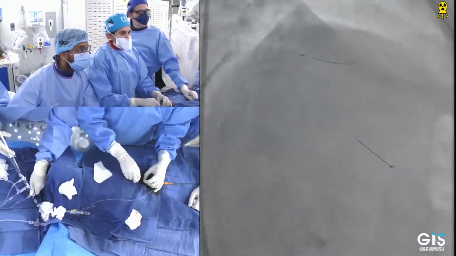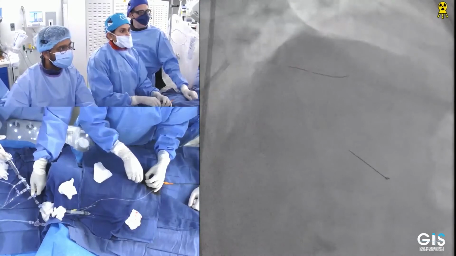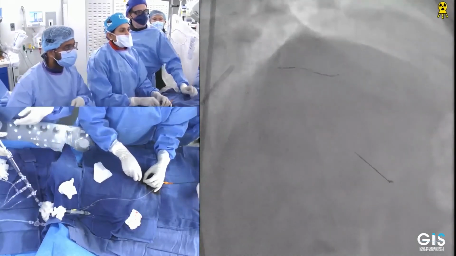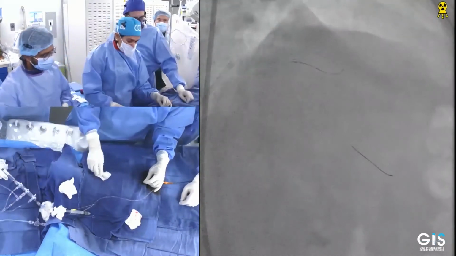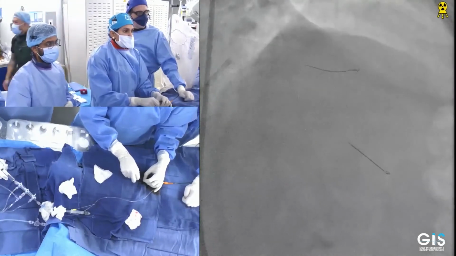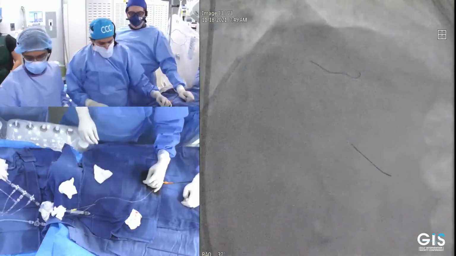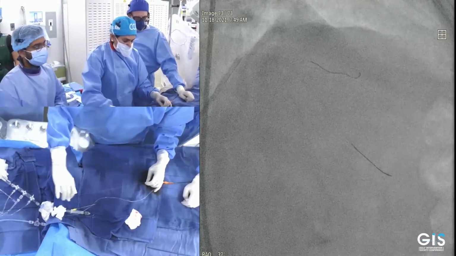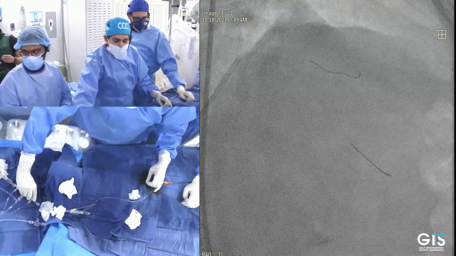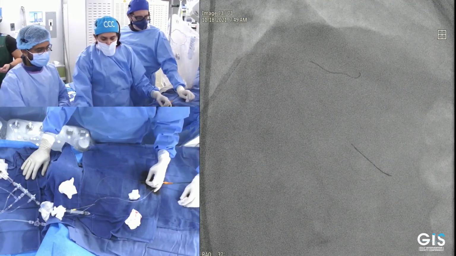Yeah, Dr. George, this is Dr. Jassim. I want to ask one question, if you allow me. After rotablating the LAD, you choose to dilate with, was it a non-compliant balloon? It was a non-compliant balloon, yes, always non-compliant after the rotablator. So my question is, what makes you choose the size of the balloon diameter and how far do we go up after rotablating a vessel?